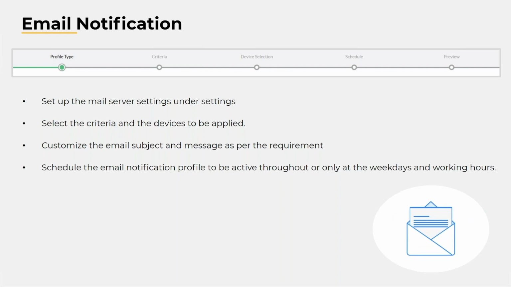Am I correct? So you get an email, even on your mobile phone you can see it. And by the way, let me inform you that we also have a mobile app which you can download to periodically monitor your infrastructure. Apart from that, yes, email notification, you can see it on your mobile, you can see it on your tablet, that's fine.